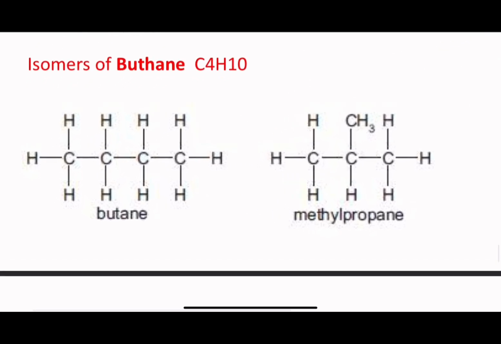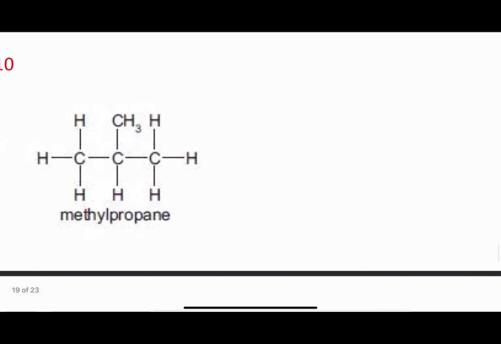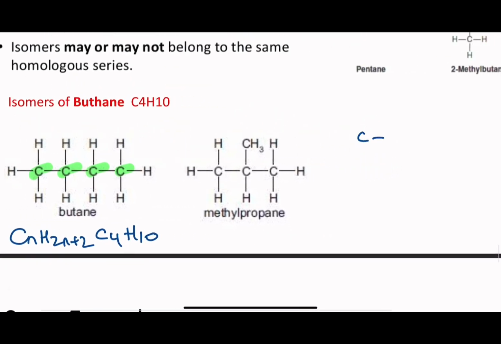So I'll show you another type. Do you remember we have played with them in our class? So I have a butane in here. I got 4 carbons. We know that butane is C4H10. It is alkane, right? CnH2n plus 2. So I got 4 carbons and 10 hydrogens. But when I connect it in a different way, now I will show you the expanded form of this.